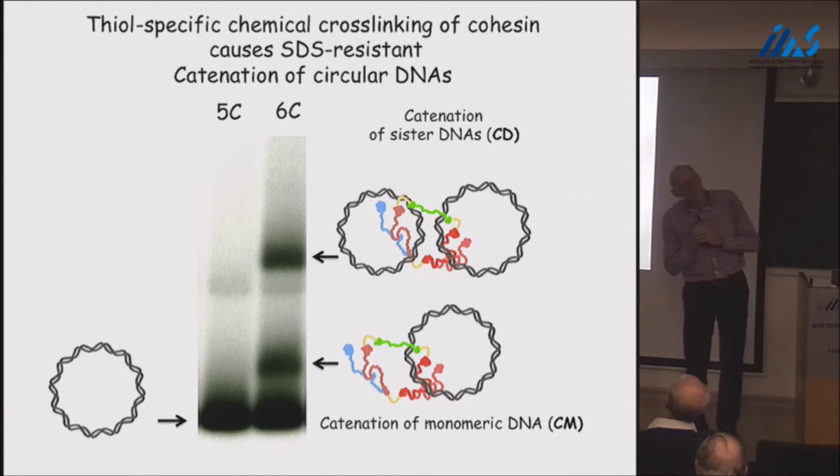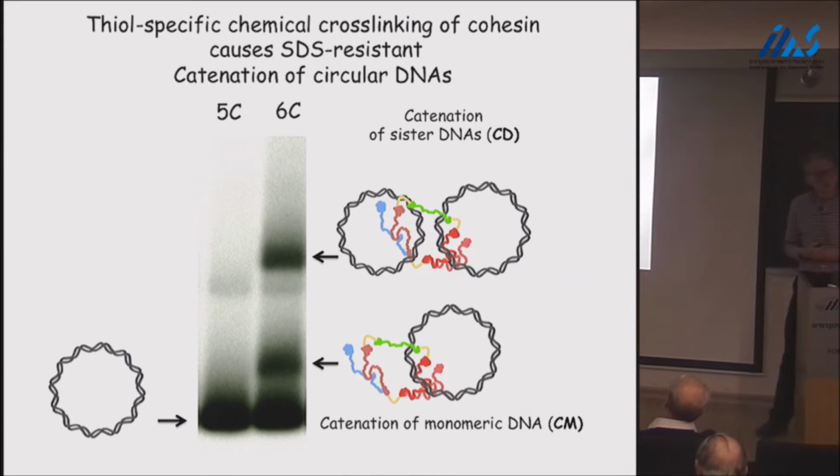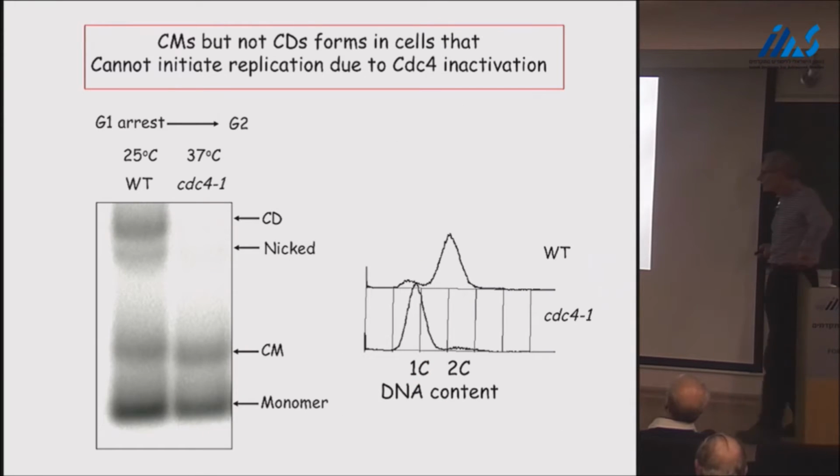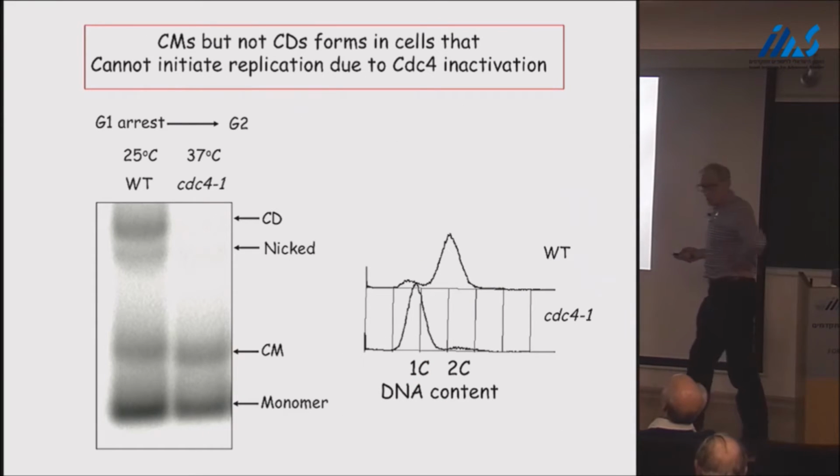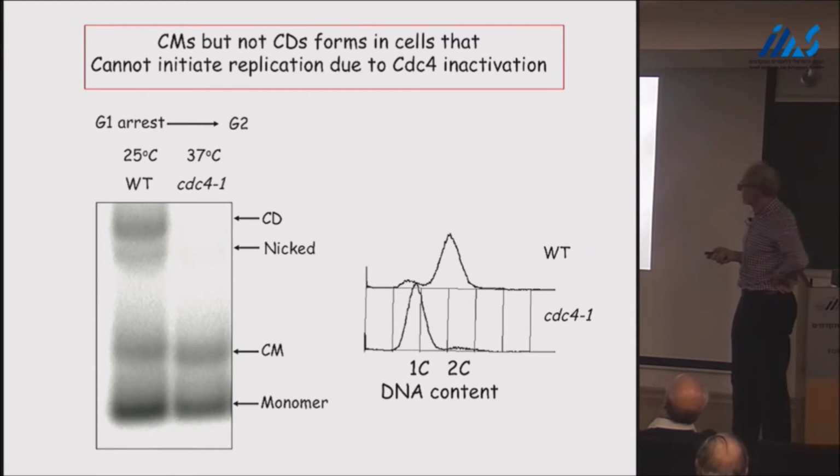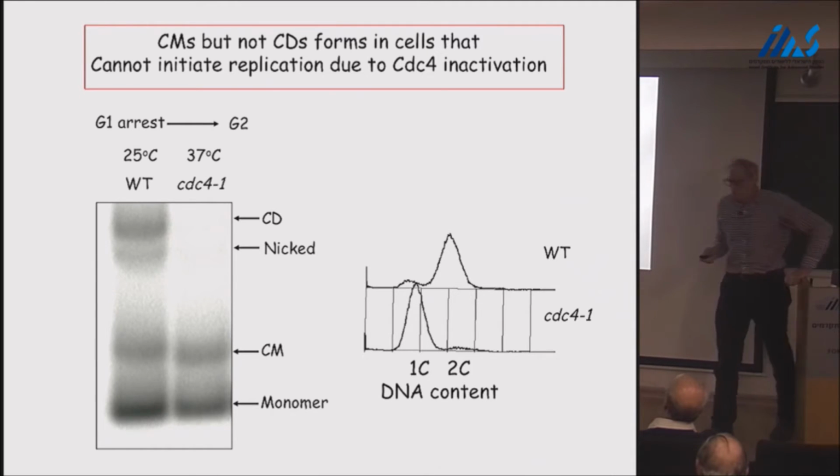I don't have time to go into that, but we have done reasonably rigorous experiments to show that it is a single monomeric ring. Okay, so you know from its separation? Absolutely, yes, you could. Yes, so these would be destroyed. We've never done that with separase because it's difficult to make, but it's certainly yes.